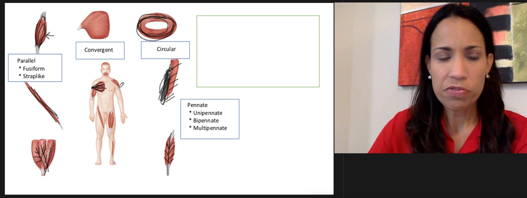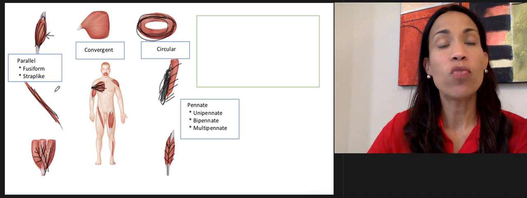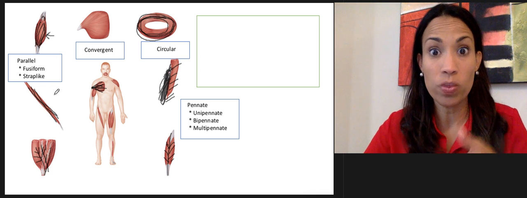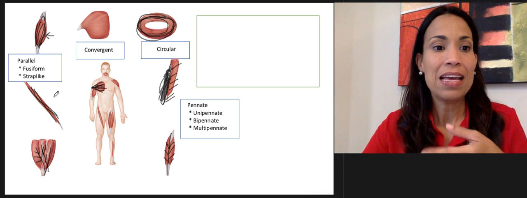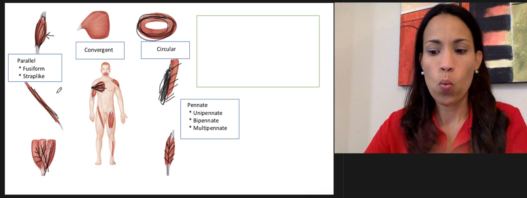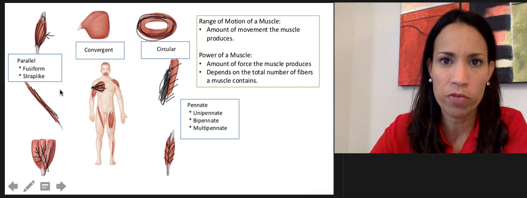The importance of this is that the arrangement of these fascicles within the muscle can influence two factors. One is the range of motion, and the other is the power of the muscle.